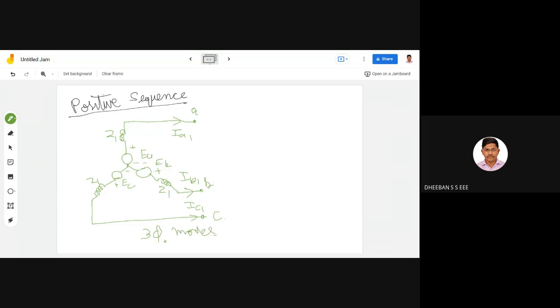In case you are having a single phase, it is very simple. It will be Z1 followed by your EMF EA. Okay, EA. We have already seen how to represent the synchronous machine in case of a single phase, in the single line diagram, at the initial stage of the second unit.